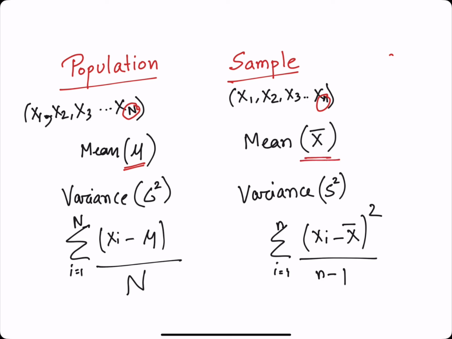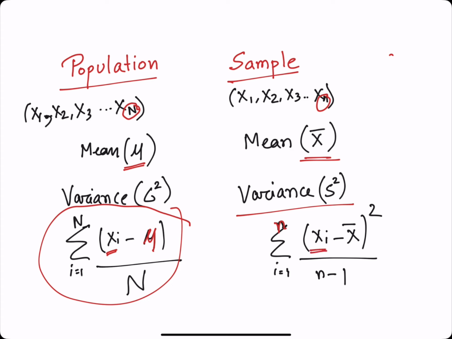The variance is given by sigma square, and the formula is here, where we subtract the mean from each data point in the population, and then divide by the total population size. The variance for the sample is given equally: we take the square of each sample point's deviation from the sample mean, x bar, and then divide by n minus 1.